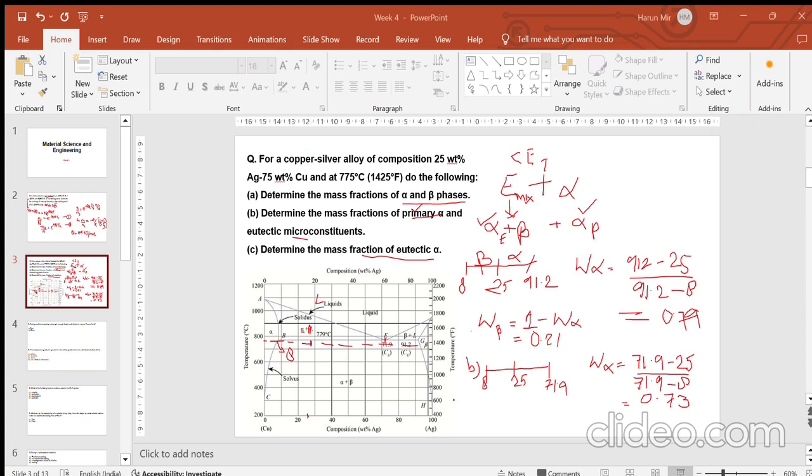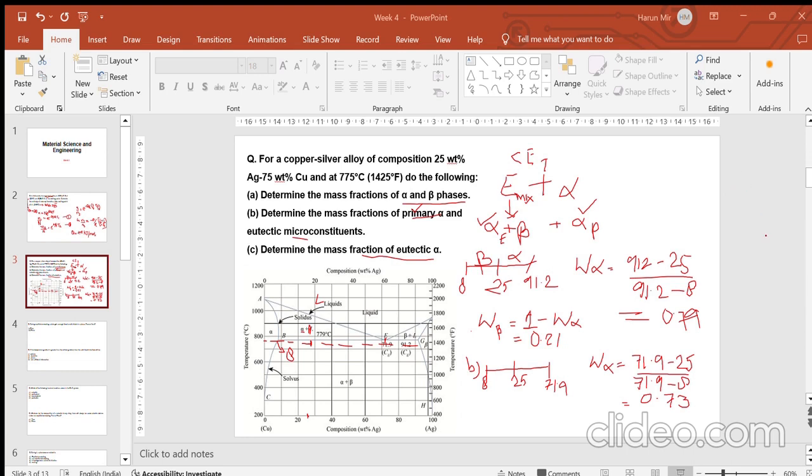This total alpha is already given from your part A because you have determined mass fractions of alpha and beta phases, and then you have to subtract from it the alpha that you calculated in your part B, which was the mass fraction of primary alpha, which was this 0.73, right? So you have primary alpha, I will write this as alpha P. So you have to subtract 0.73 from 0.79, right?